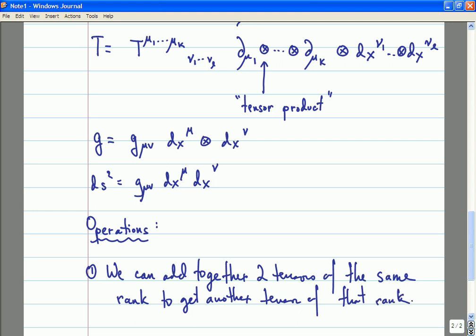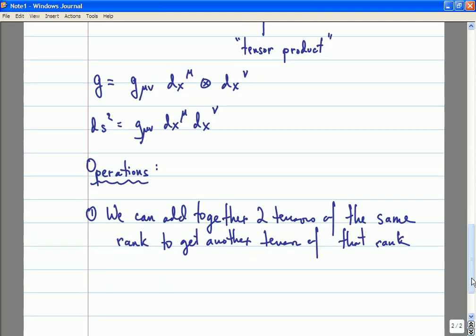So, for example, if T1 is a tensor with k upper indices and l lower indices, and so is T2, then so is the sum of those two.